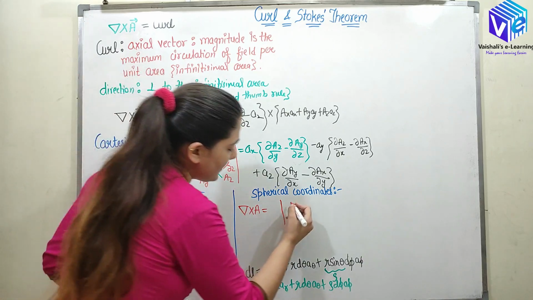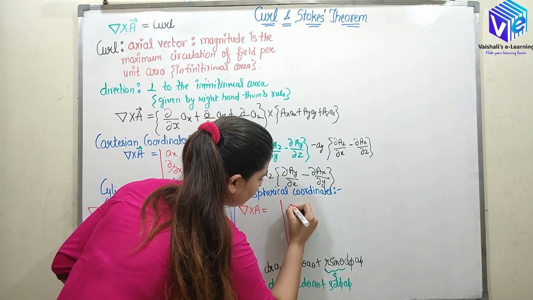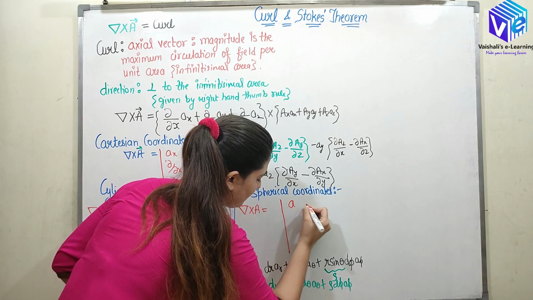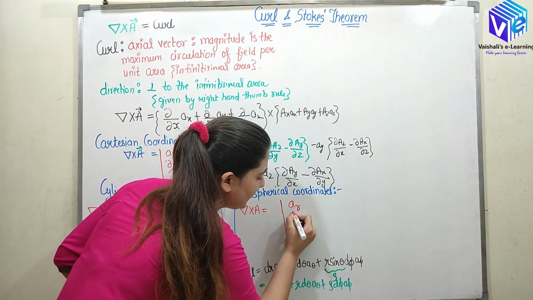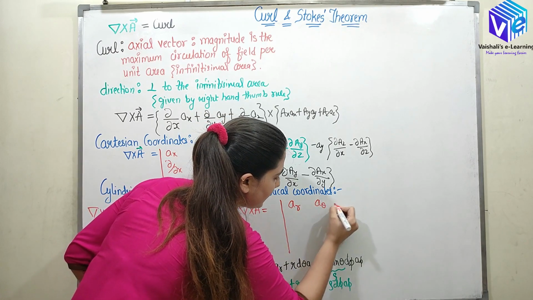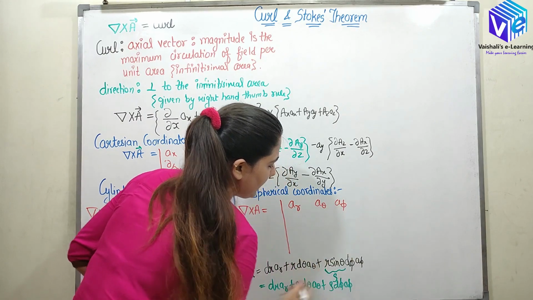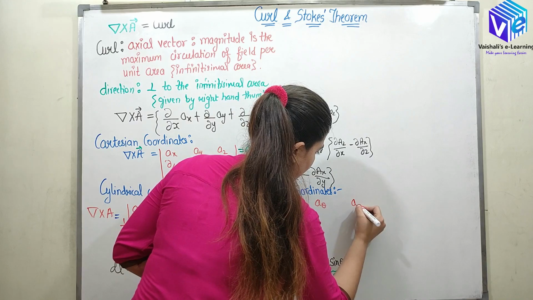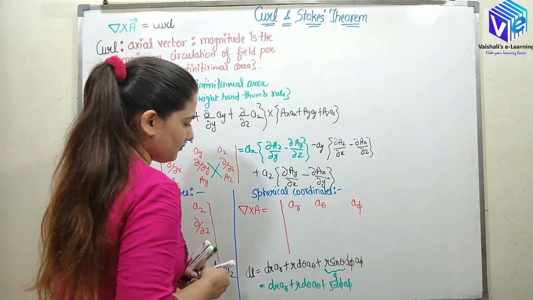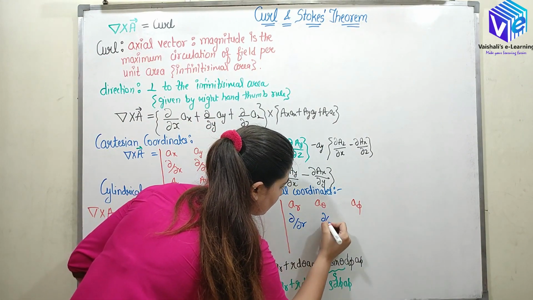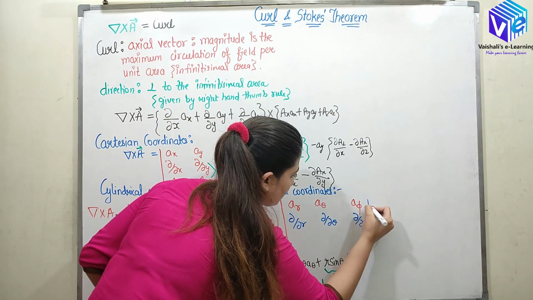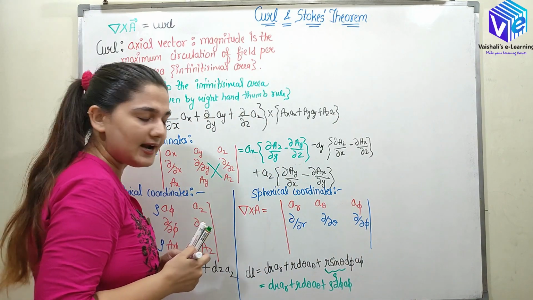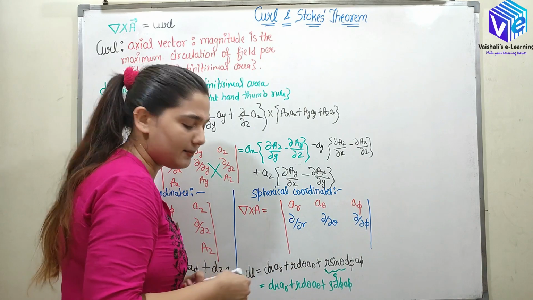Now in the del cross A, we'll be having, first, AR, so I'll be taking the unit vector as AR, then A theta, then A phi. Here we'll be taking del by del R, del by del theta and del by del phi.